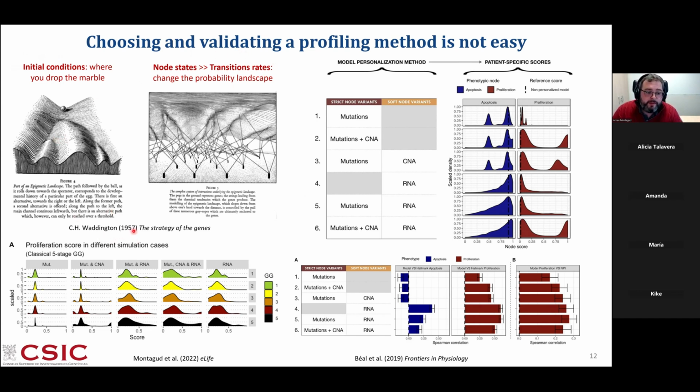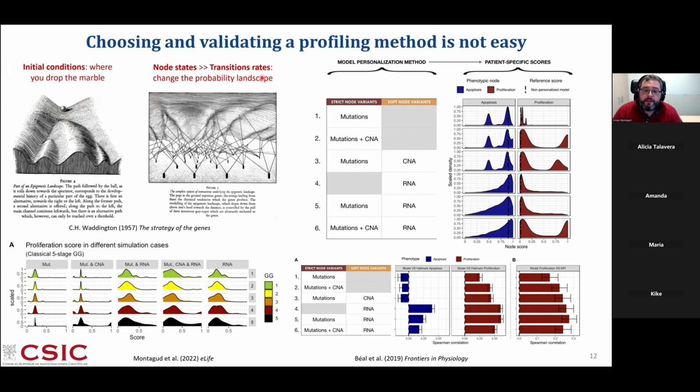Looking at the Waddington landscape that was published many years ago, a way of conceptualizing this is that the initial conditions are where you drop the little marble. That initial condition can be on the top of the mountain, in this valley, in that valley, etc. And depending on these initial conditions, the model will follow one trajectory or another.